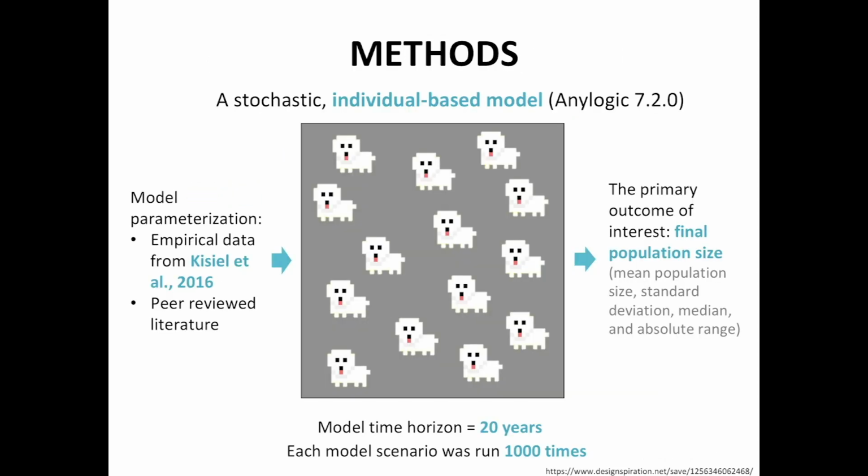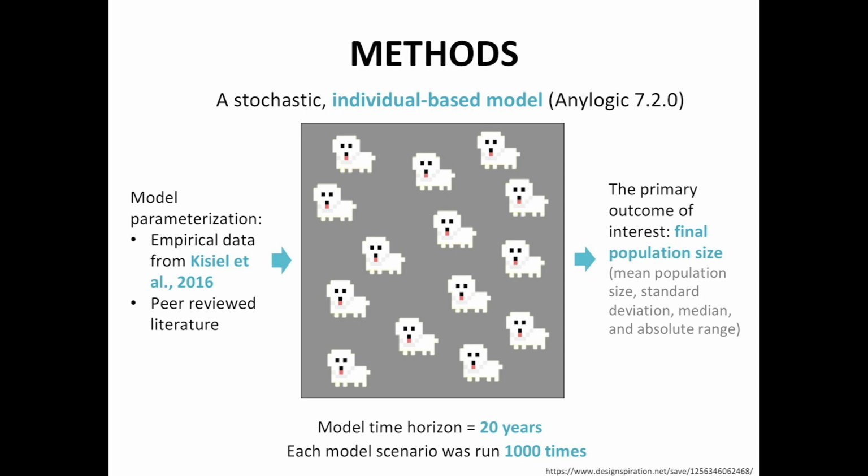So this is the method that we used. We built a stochastic individual-based model to replicate the population of owned dogs in Villa de Tezontepec. To parameterize the model, we used data that we collected from this location, as well as peer-reviewed literature where local data was not available.